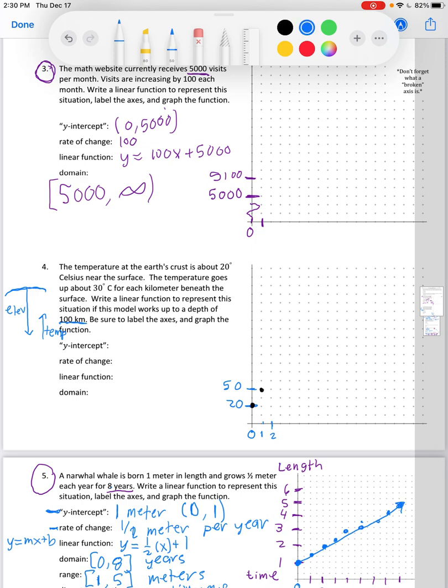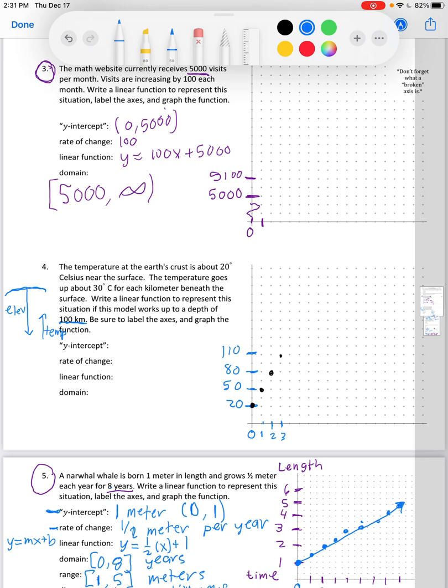That's going to be at 80 degrees. And so on and so forth. We'll do one more this way. It's going to be right there, and it's going to be about 110 degrees Celsius.